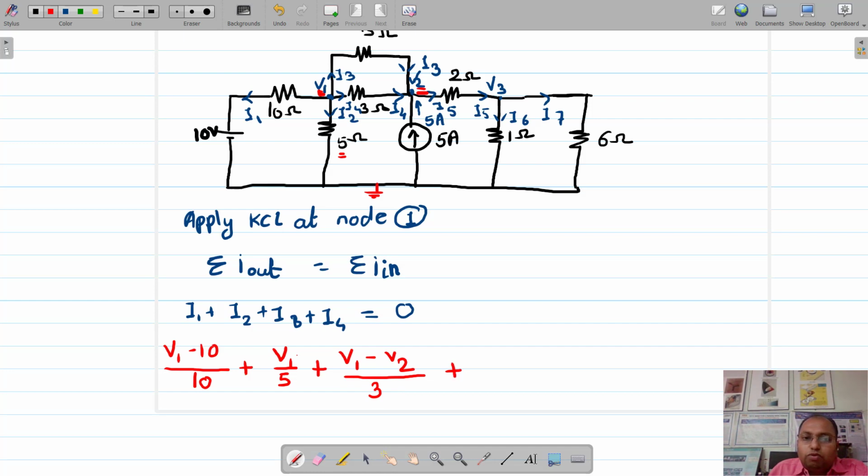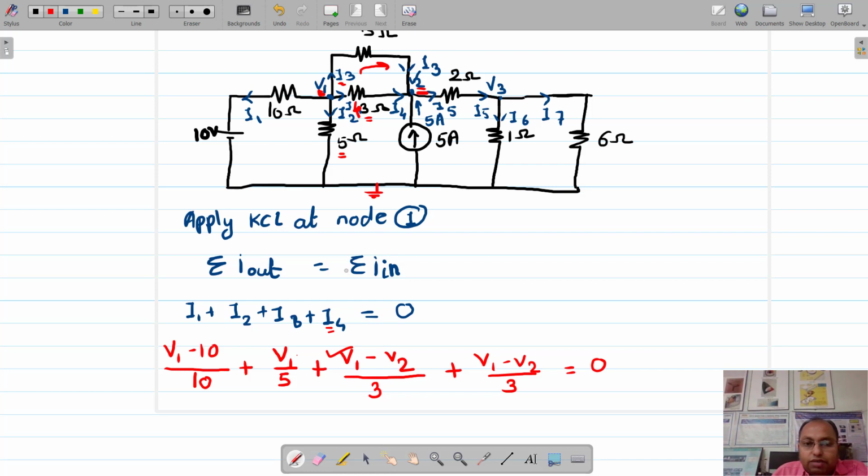Plus, what about I4? I4 is also flowing from V1 to V2, and this resistor also has the value 3. So V1 minus V2 divided by 3 is equal to 0, because there is no incoming current.